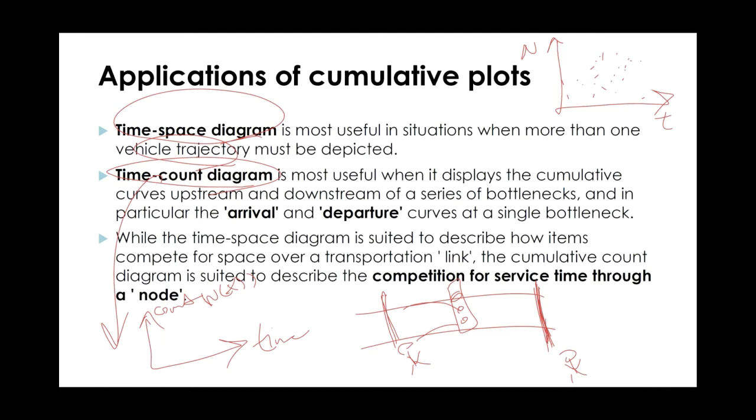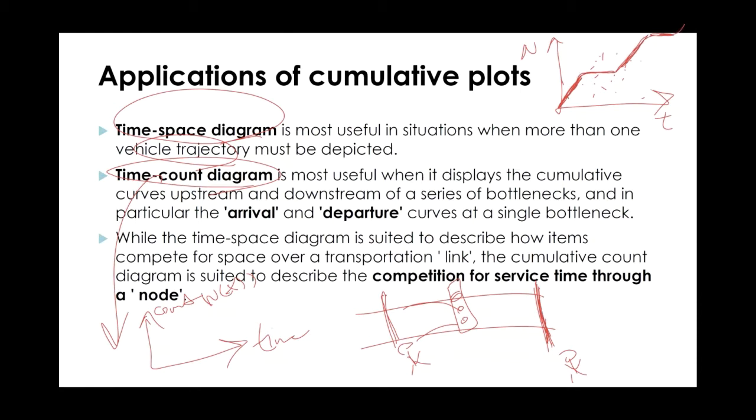The downstream one can be called departure, because they're departing the traffic signal, the bottleneck, right? How does it look? If the traffic light is green, this curve moves upward, and as soon as the traffic light goes red, this curve becomes flat, right? And then it continues again, and then it becomes flat, and then it continues again.